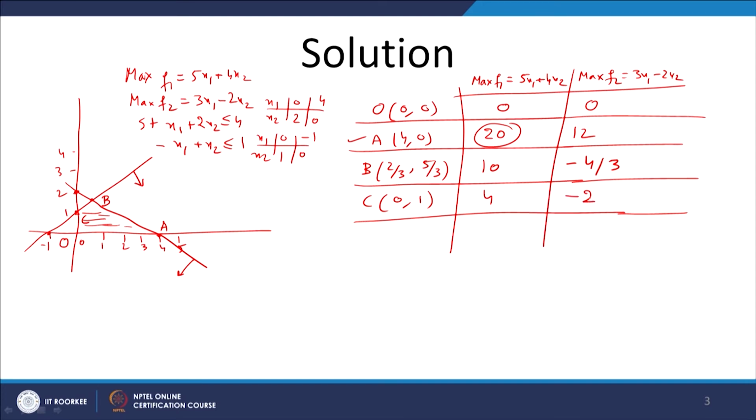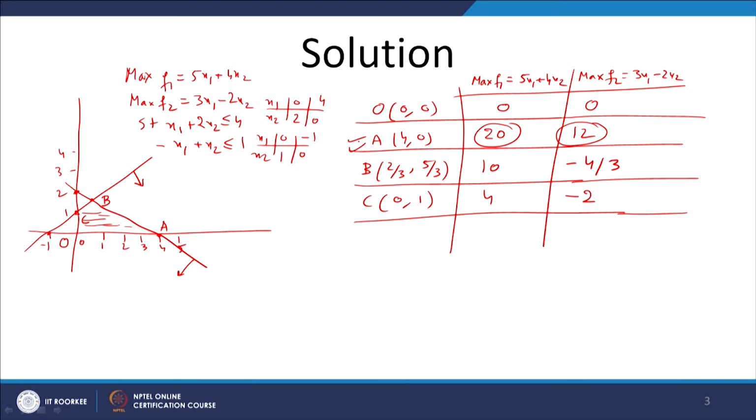If you look at all these values, you find 12 is the largest, and since we have to maximize it, again the optimum solution is obtained at the point A given by 4, 0.